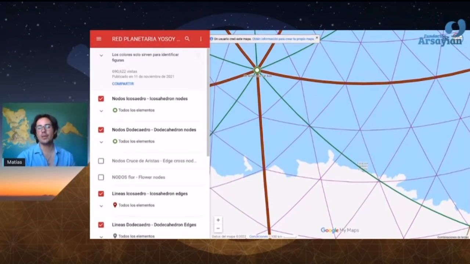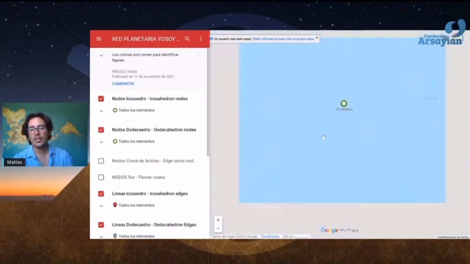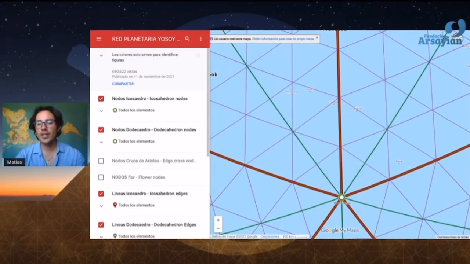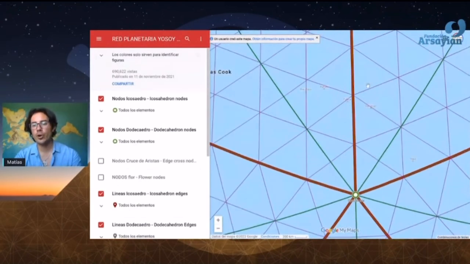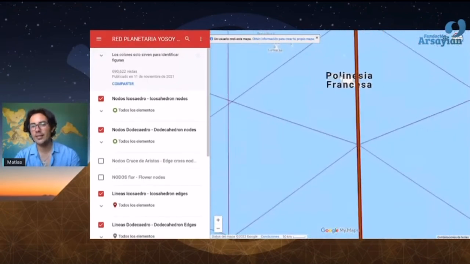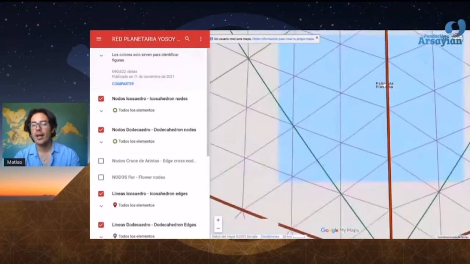So that's why sometimes I call this node the Antarctica South Pole, the magnetic South Pole, or sometimes French territory or Dumont d'Urville, okay? As you see, we can find Polynesia in this node. There's not much to find out here. This node is not touching any land. So sometimes we call this node Moorea, because the line connects with French Polynesia in the islands of Moorea and Tahiti.